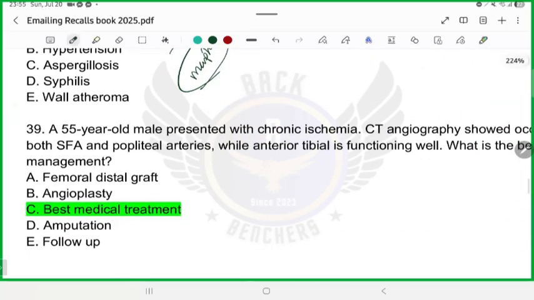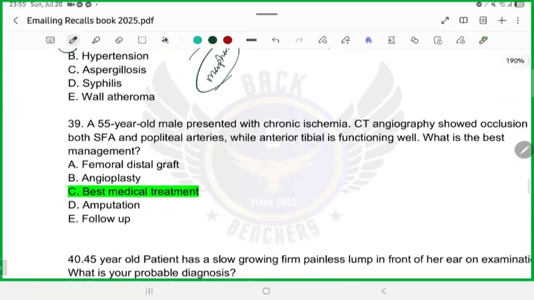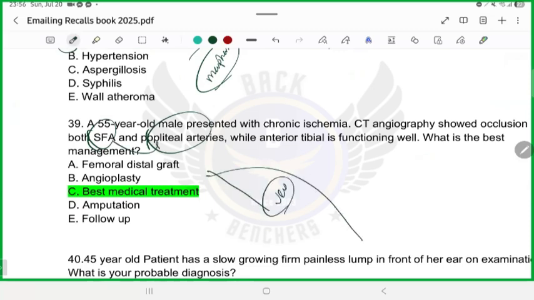Just like we told you, CT angiography shows occlusion of both SFA and popliteal arteries. Guys, see, it's a very long segment. SFA is a very long artery. Again, popliteal artery is a very long artery. So both SFA and popliteal arteries are gone.